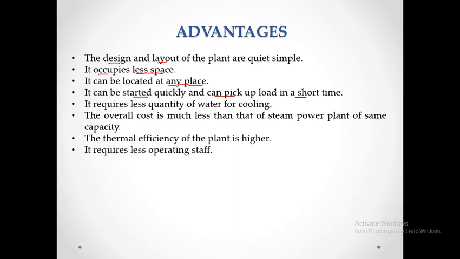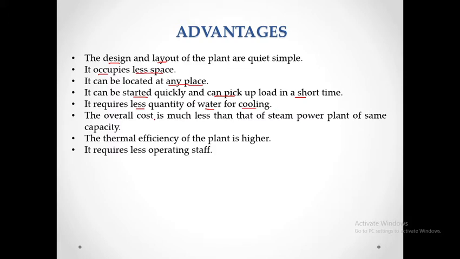Like the other plants we have studied till now, for them we have the construction period, we have to build for many years, and after that power generation is done. But a diesel power plant is started very quickly. Then it requires less quantity of water for cooling, because the unit is only 2 to 50 megawatt, so the quantity of water used will also be very less.